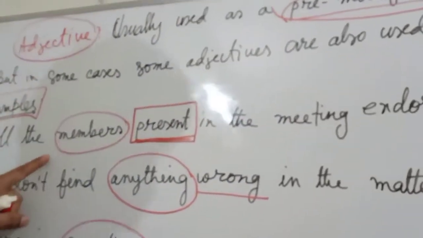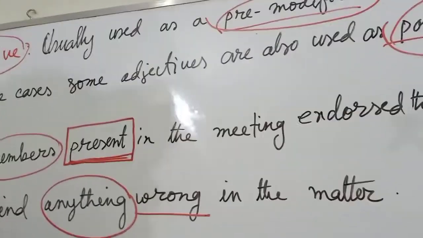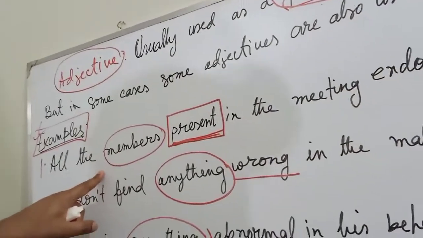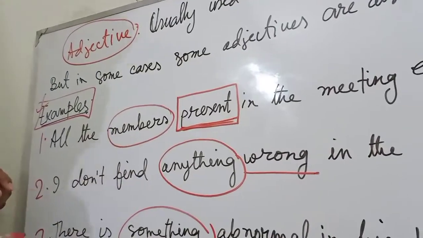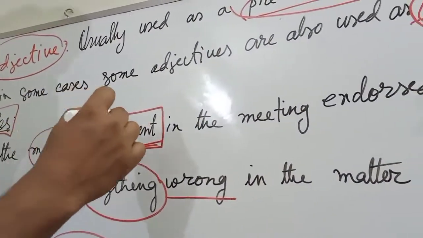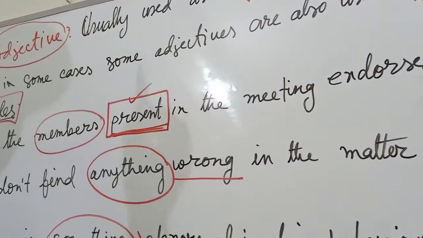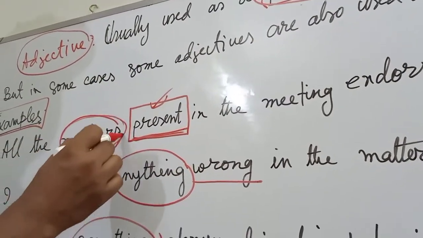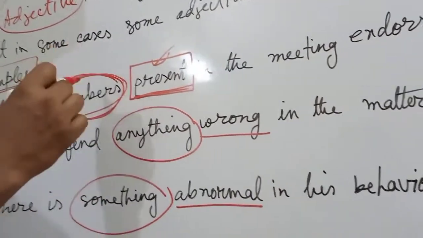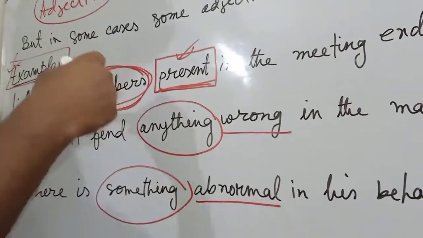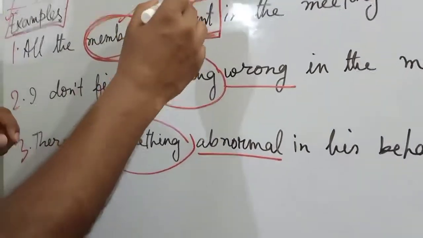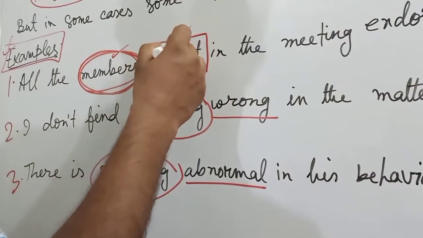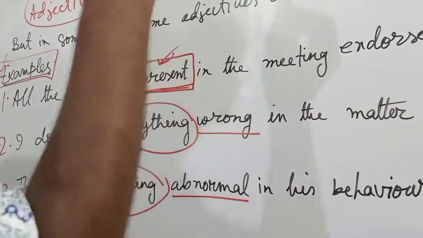We can say "present members" with the pre-modifier. But here, "members present": this present is modifying the word members, placed after the word. So it is used as a post modifier.